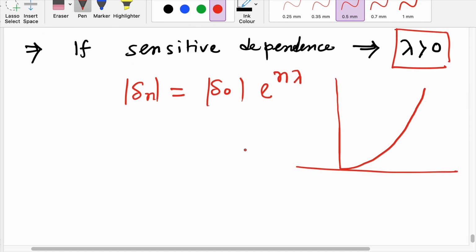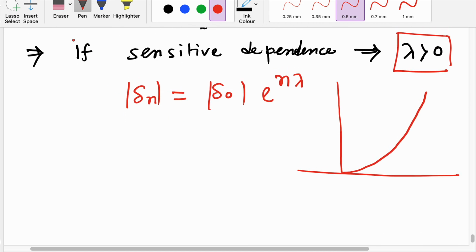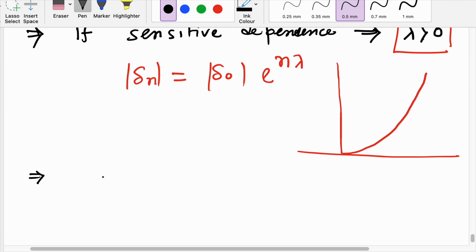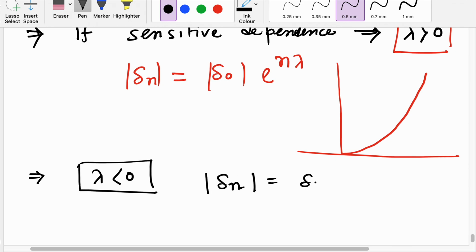So that's it. Now suppose lambda is less than 0. Then delta n equals delta 0 e to the power minus n lambda 0, for some constant lambda 0. So lambda equals minus lambda 0, a negative quantity.